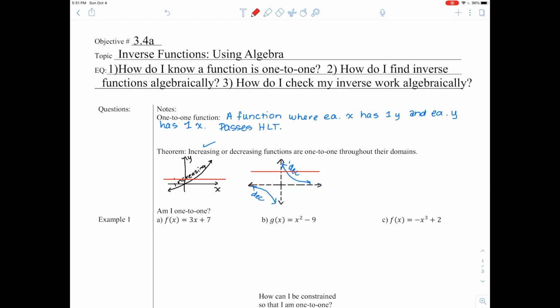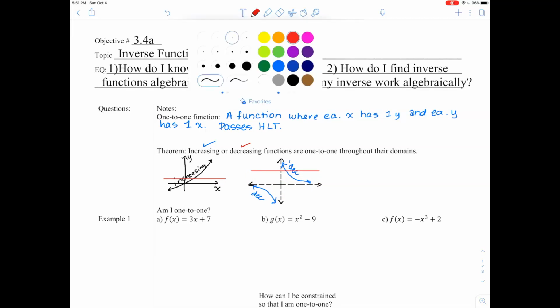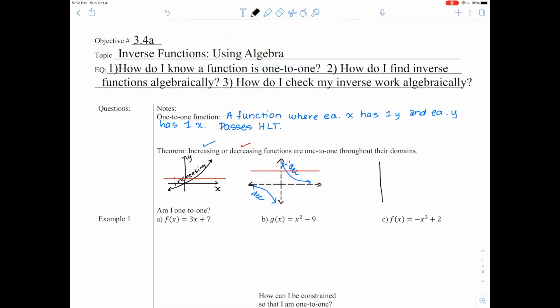And so the theorem also holds true for decreasing functions, that they have to be one-to-one, versus if I had something like a quadratic, for example, a parabola. This would not be a one-to-one function because over some amount of time it's decreasing, and then it turns and it increases.